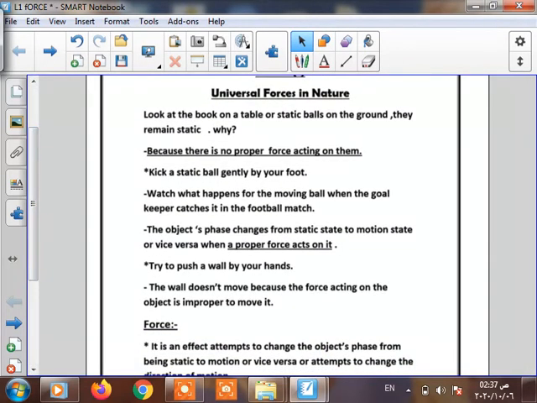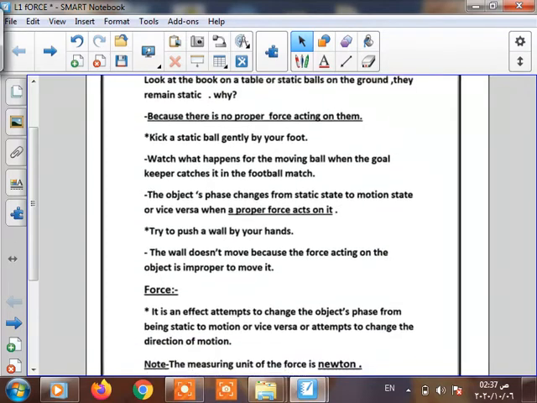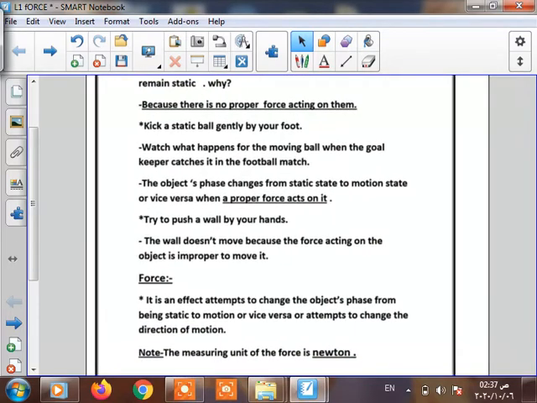When I have a static ball and a player kicks it, it will change its state from static to motion. Why? Because there is a force acted on it.